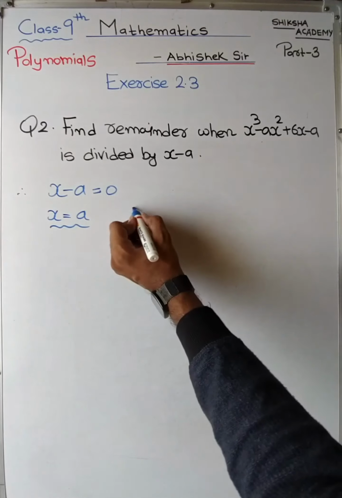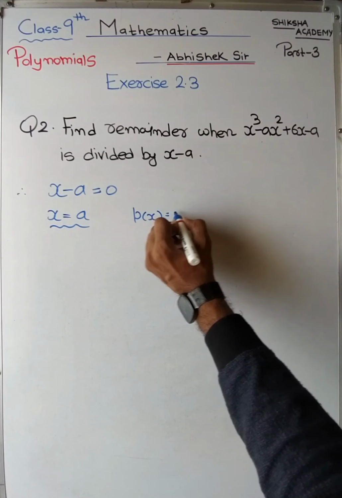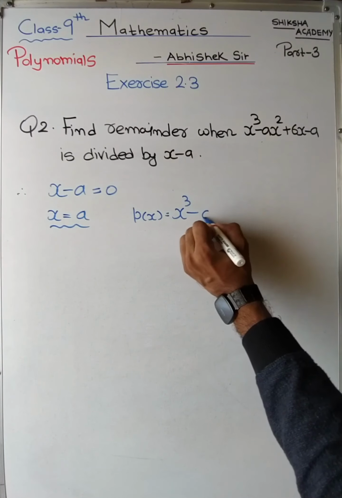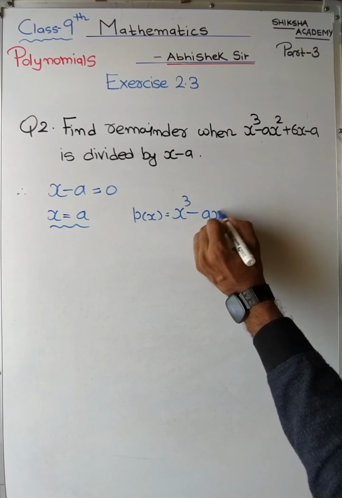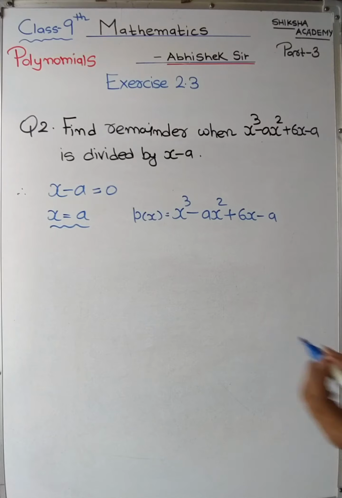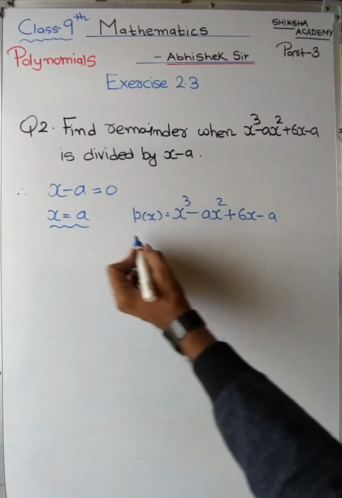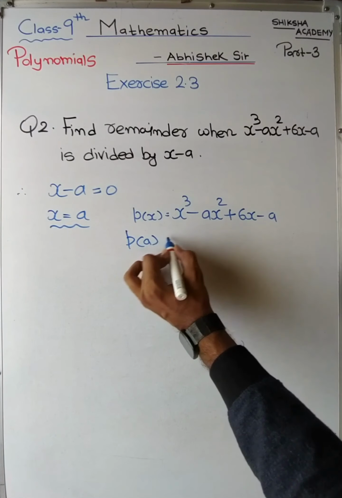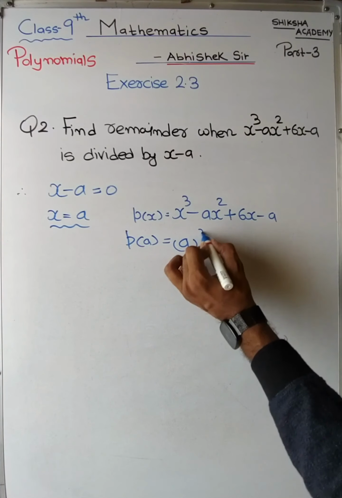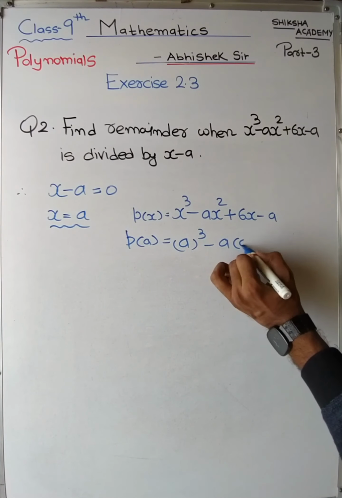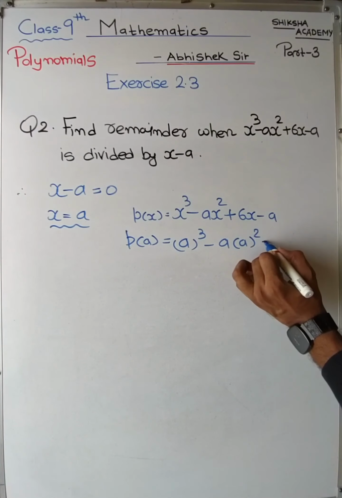Now p of x, I am repeating, is x cube minus ax square plus 6x minus a. Now what we have to do, instead of x we have to put a, so it is p of a. So a whole cube minus a into a square plus 6 into a minus a.